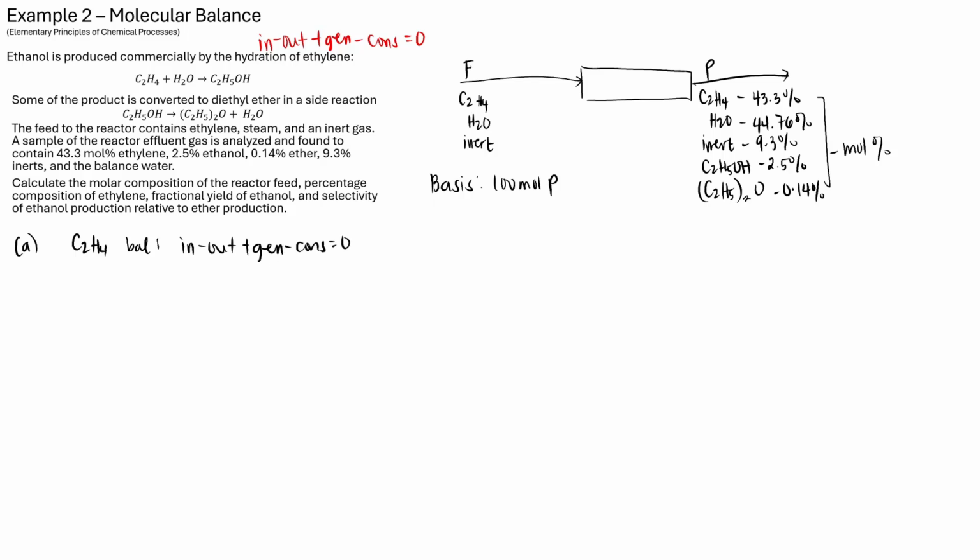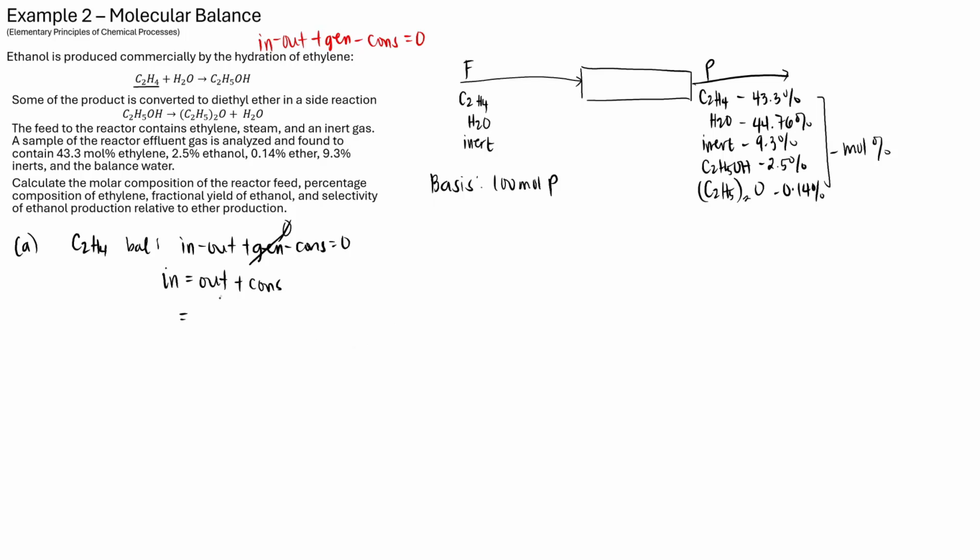C2H4 did come in as a feed. C2H4 did come out. Is it generated? Well, wala siya sa product side ng either reaction. So that's 0. Is it consumed? Nandito siya sa reactant side in the first equation. So, hindi yan magbabago. So that means in is equals to out plus consumed.